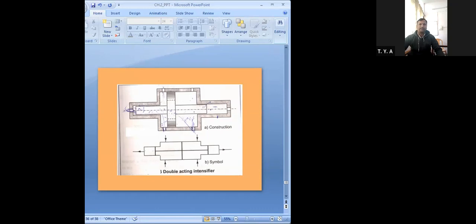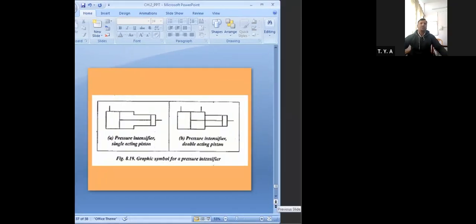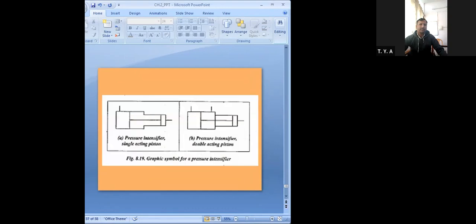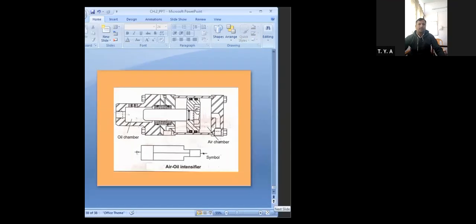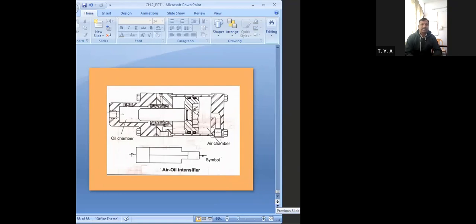Here also I have shown the symbol, the single acting piston, which is the same symbol as in the earlier figure. This is a double acting piston. That is a pressure intensifier, and this is an air oil intensifier.